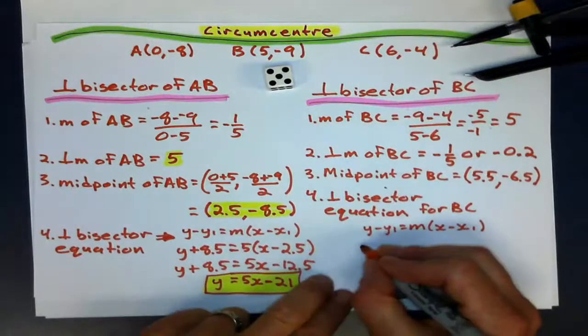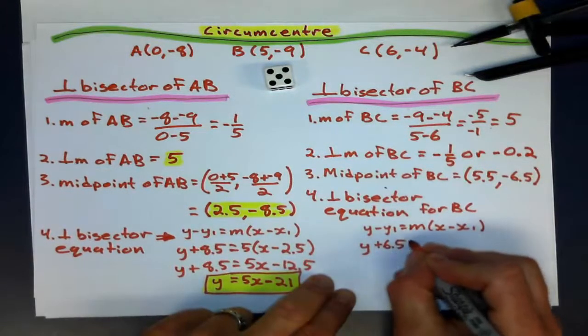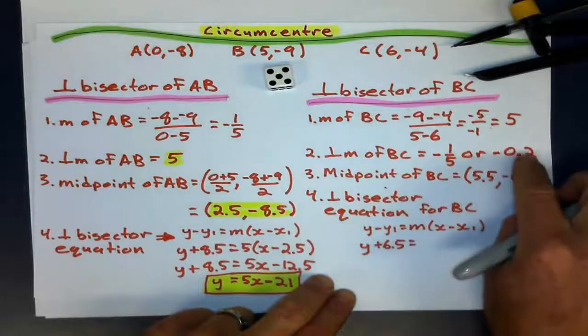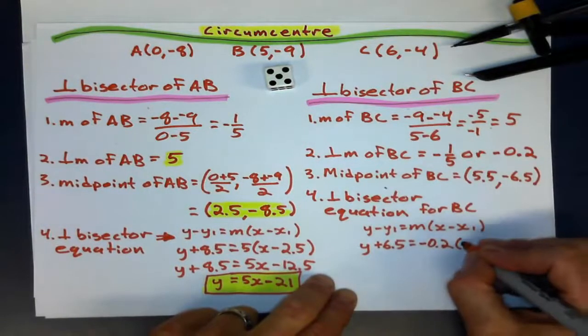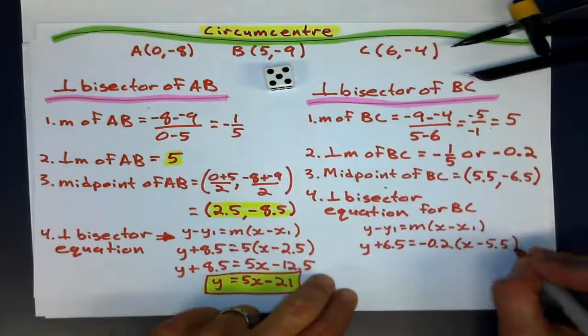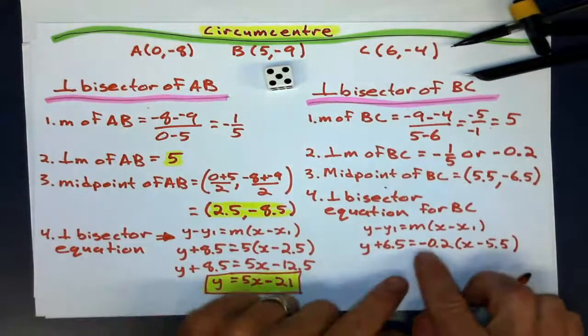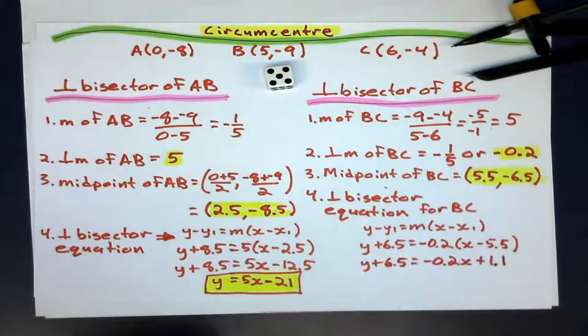Okay, using my same formula, y minus y1 is y plus 6.5 equals my perpendicular gradient. I'll leave it as a decimal. Why not? I didn't have to round that. No big deal. Times x minus my x-coordinate of the midpoint. Similar to the last one, I'm going to multiply that negative 0.2 through the brackets.